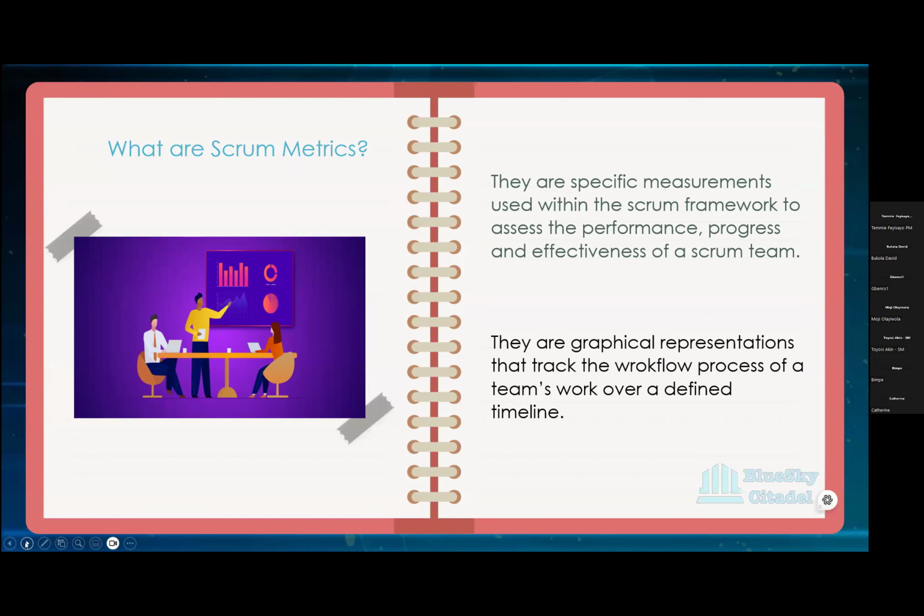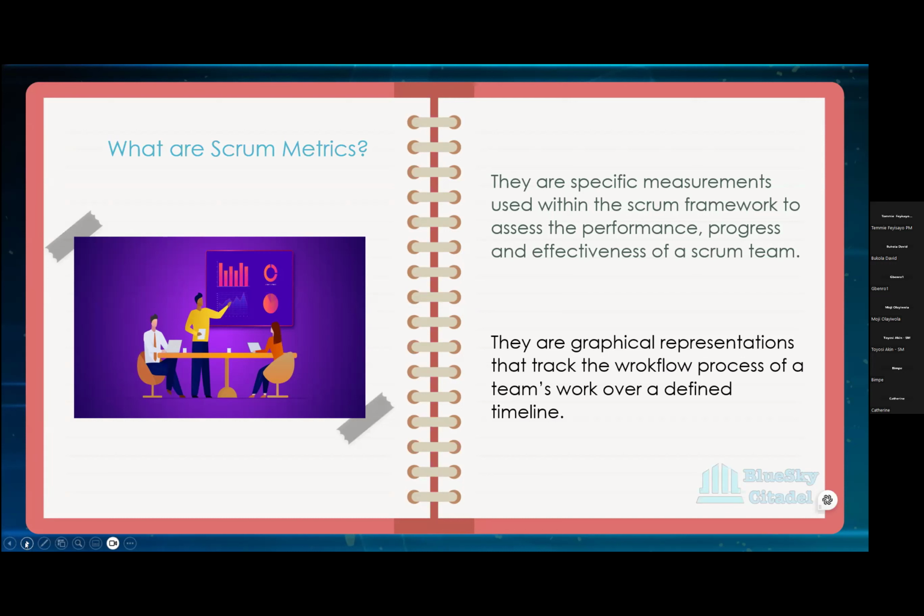You can use the height measure. For health reasons, there's the scanning machine to get a specific measurement. You have the thermometer for temperature. So simply, metrics just means a specific tool that you use to get a measurement.